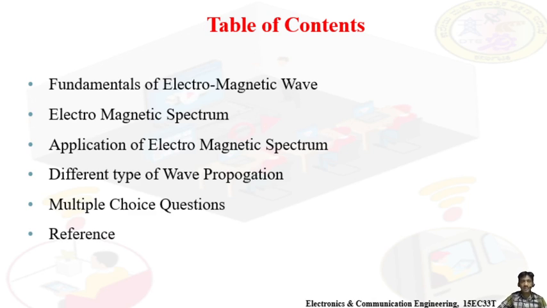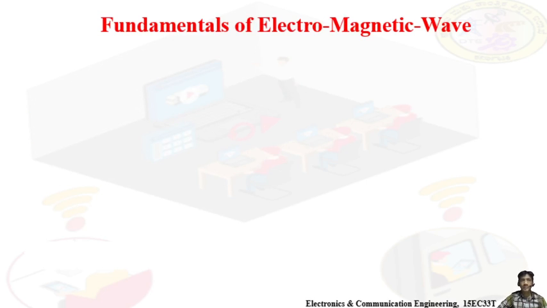Let us start. What is an electromagnetic wave? Before explaining the electromagnetic wave, all of you must remember what a communication system is. Here you see this is the transmitting antenna, and this is the receiver antenna.